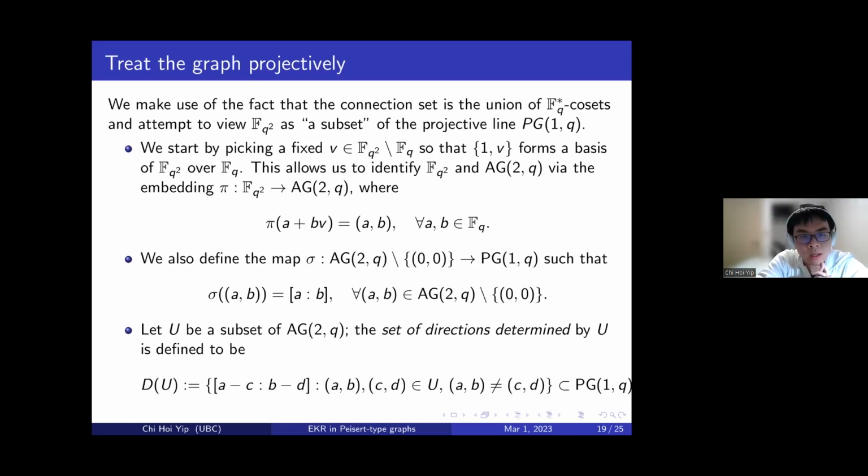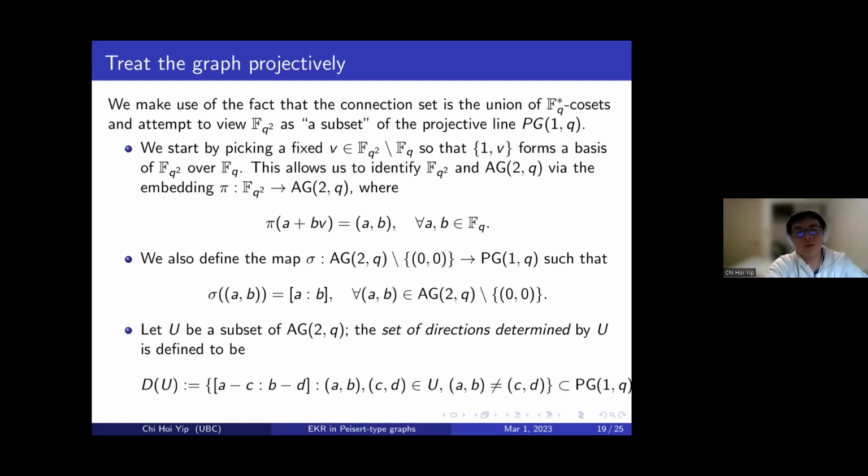And then once we realize that, we also have to view F_{q^2} as a subset of the projective line, because we are working in F_{q^2}. I guess I have to first define a few maps to get this kind of realization. First, the classical idea is to view F_{q^2} as an affine plane over F_q, and that is easy.